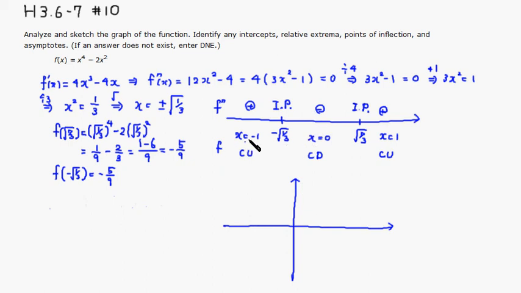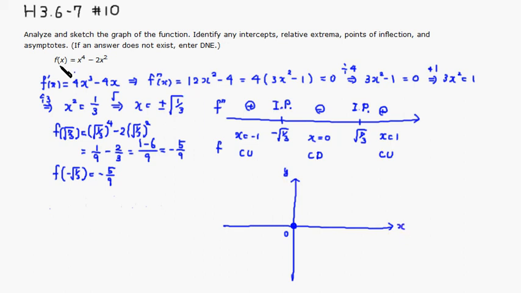We need to look at the first derivative, and if we remember, it was going down and going up, going down and going up, and we're going through 0, 0, which is the origin.